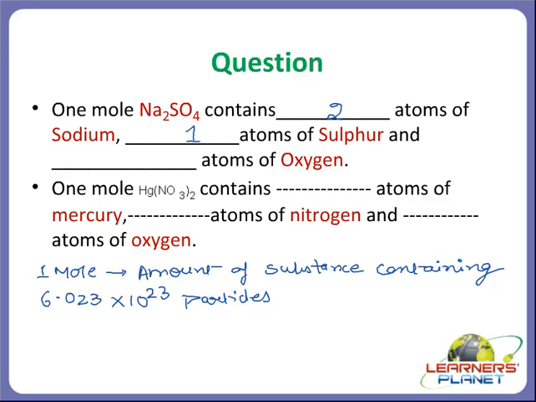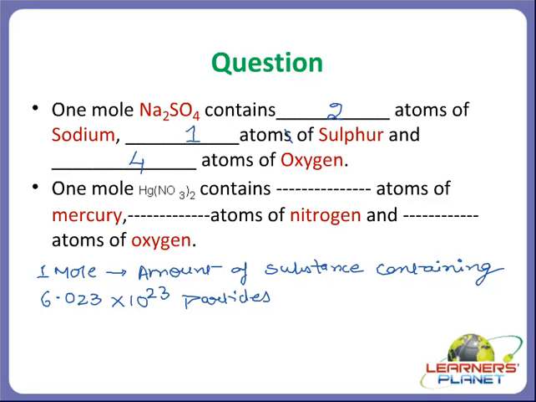So it has got 1 atom of sulfur, right? And dash atoms of oxygen. How many atoms of oxygen are there? 4. So it should be 4 atoms of oxygen.